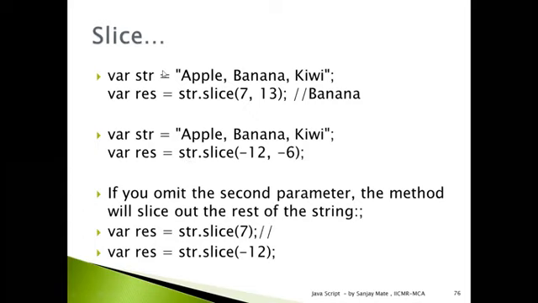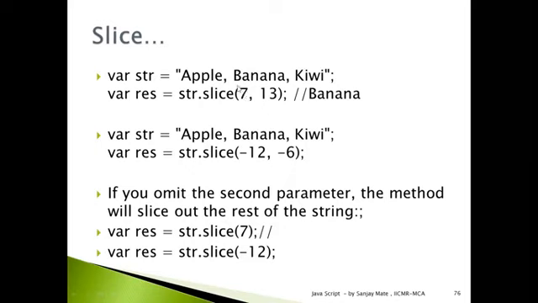Now, how to use slice. Here the str is apple, banana and kiwi. Those three fruits I have enclosed in one string. And here I want result equal to str.slice from the 7th position to the 13th position, whatever characters are there, please return me.